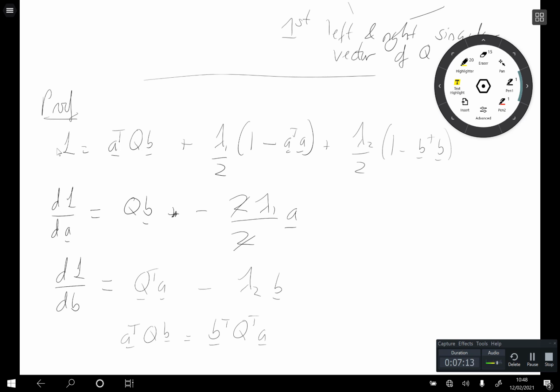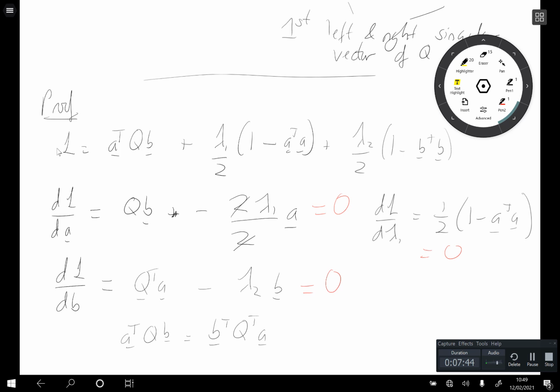And if we differentiate with respect to the Lagrange multipliers, we're going to get back our constraints. If I differentiate with respect to lambda 1, I'm going to get half of 1 minus A transposed A. And what we're going to do now is set these derivatives equal to 0 in order to find the minima. Here we get our constraint back, A transposed A equals 1.